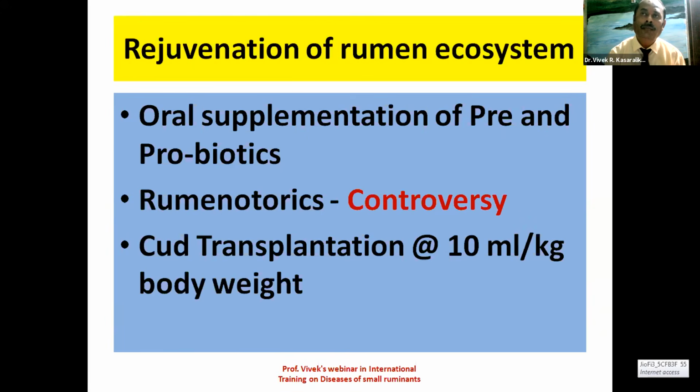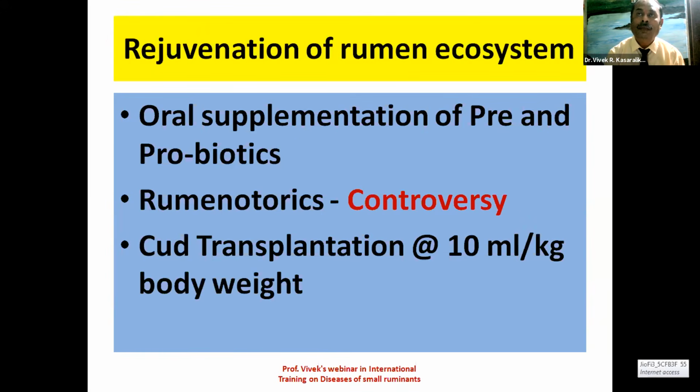Many times field veterinarians try to give rumenotorics. In my sense, rumenotorics have a controversial role, because in acute and peracute lactic acidosis there is already a chemical rumenitis. There is damage to the rumen mucosa, and so sometimes these irritating rumenotorics, which contain potassium antimony tartrate and so on, can irritate the rumen mucosa, and it can end up in a problem.